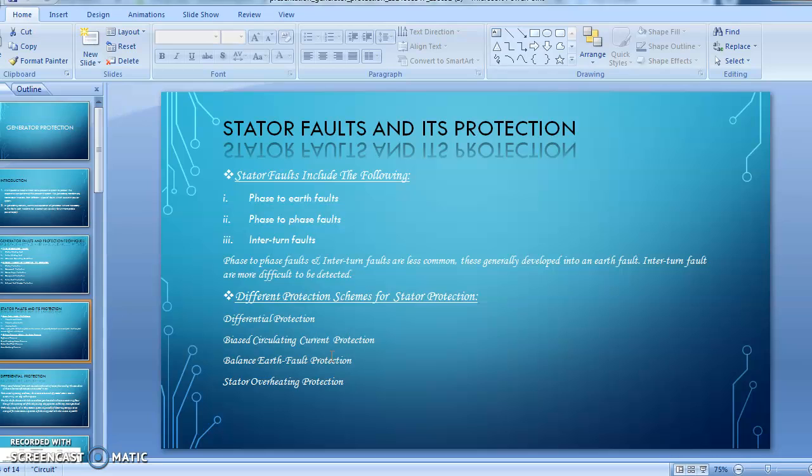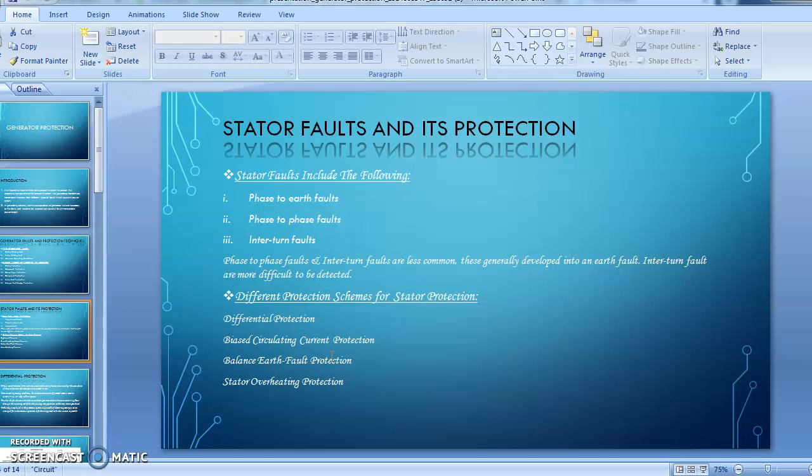And this type of protection scheme has been modified, and afterward we use it like a Merz-Price protection scheme, and later on it was developed further into the percentage bias differential relay protection scheme. I hope all of you can remember why there is a percentage bias, as both the CTs may not have the same configuration.